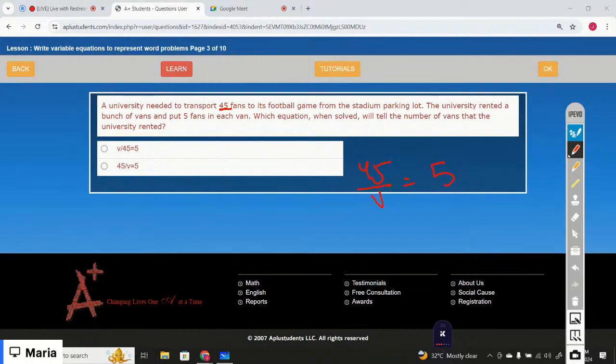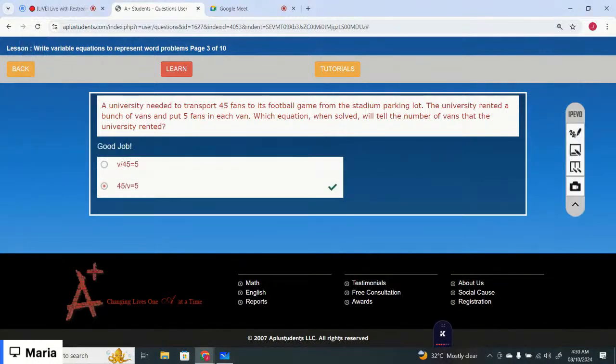That is 45 divided by V equals 5. Option number 2 is the correct option.